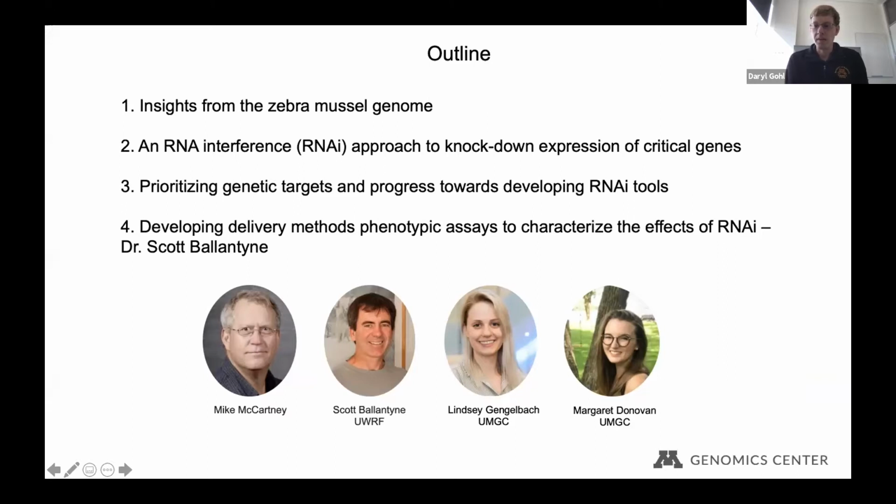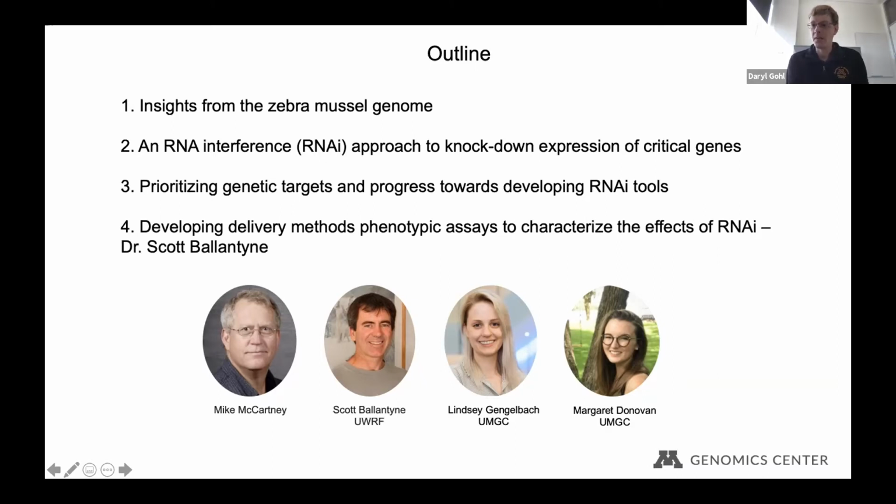I'll tell you a little bit about the approach that we're using, which is a technique called RNA interference. And then I'll tell you a little bit about how we're taking the information in the genome and using that information to prioritize genetic targets for testing in this RNAi system.